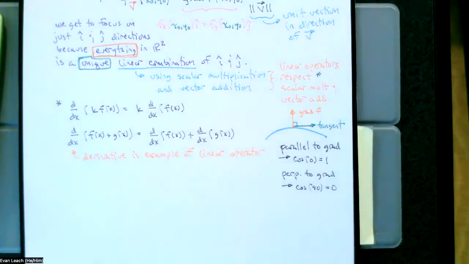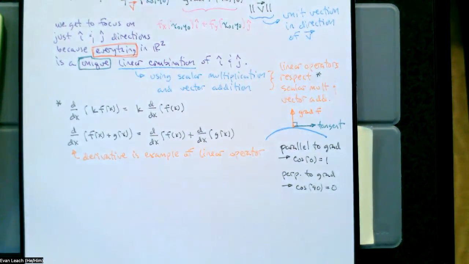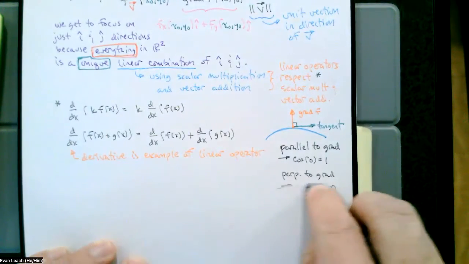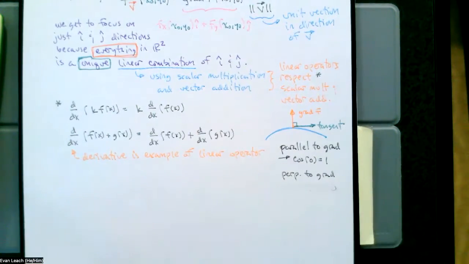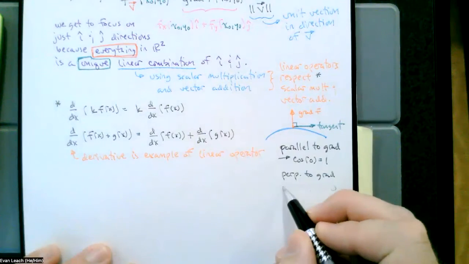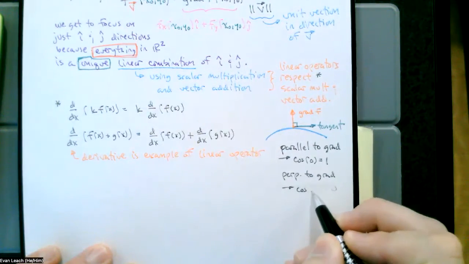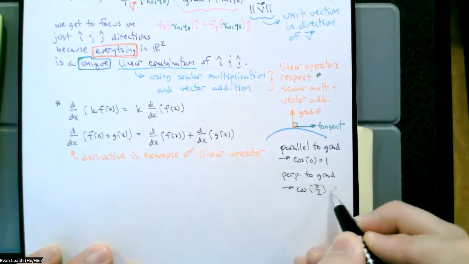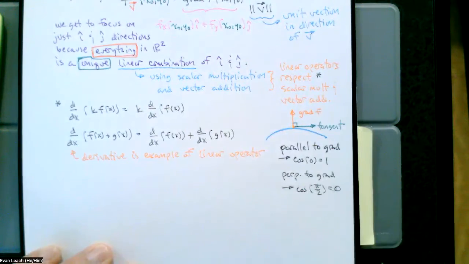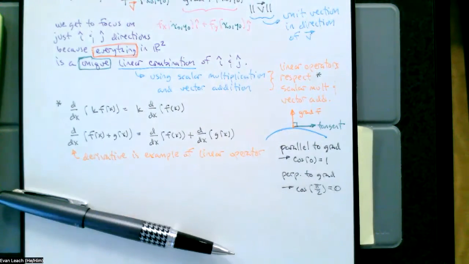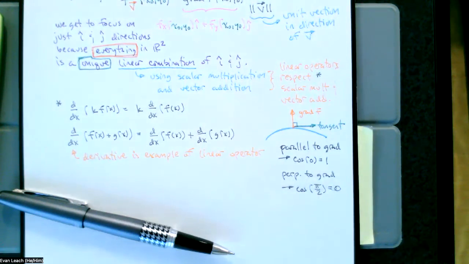Perpendicular to the gradient, cosine of 90 is 0. Well, apparently I was thinking about trig and I reset myself into degrees. There we go. Much better. Perpendicular to the gradient, cosine of pi over 2 radians.